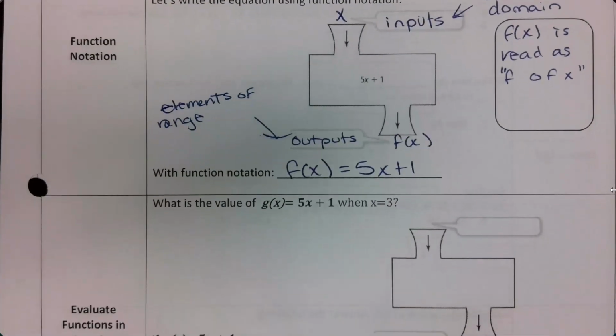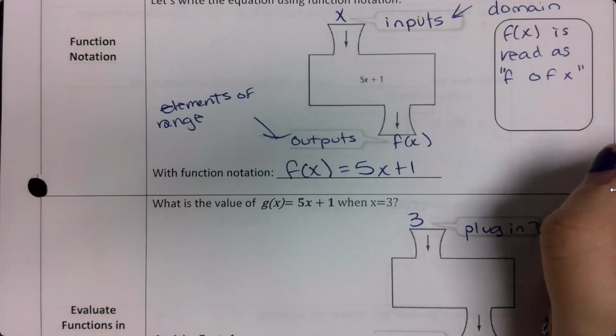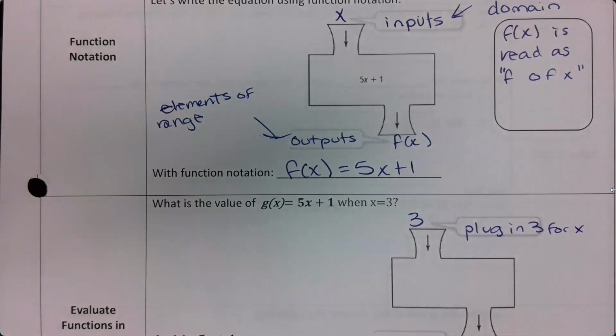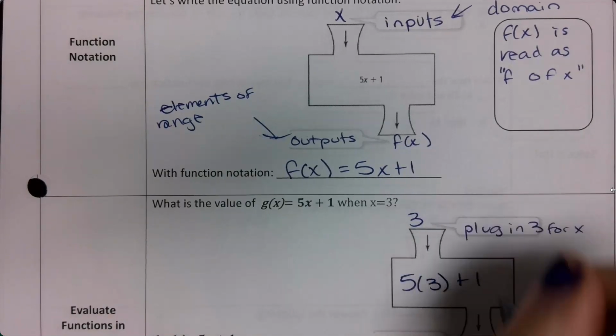So this wants me to find the value of g of x equaling 5x plus 1 when x equals 3. So what I'm going to do is plug in 3 for x. So I'm going to do 5 times 3 plus 1.